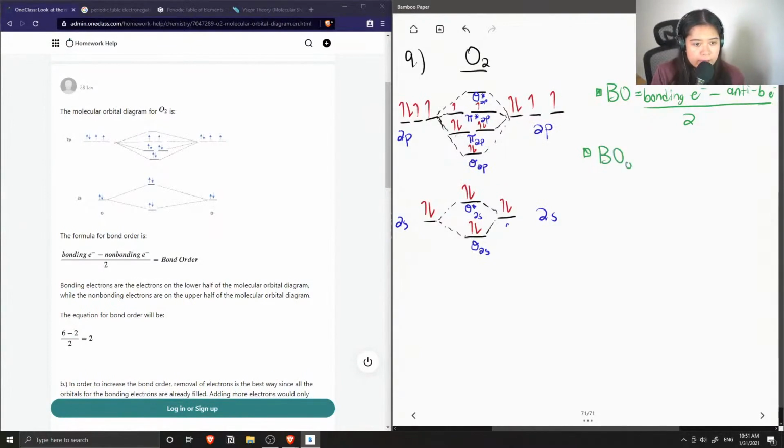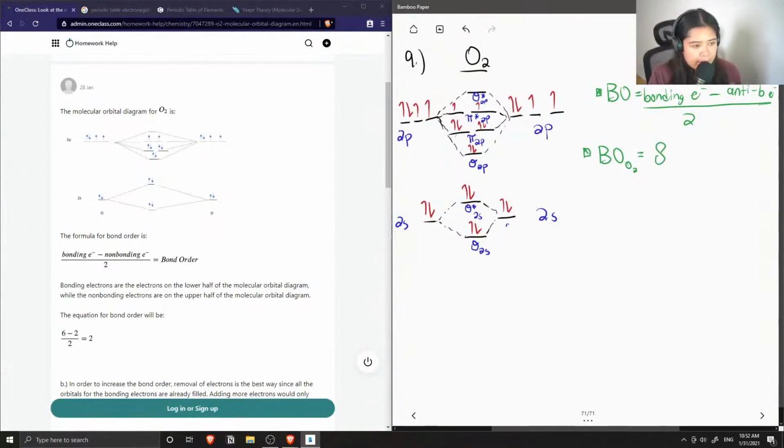So if we calculate the bond order of neutral diatomic oxygen, all of our bonding electrons are in just the sigma or the pi orbitals, so we just count that out. 1, 2, 3, 4, 5, 6, oh sorry, 1, 2, 3, 4, 5, 6, 7, 8.